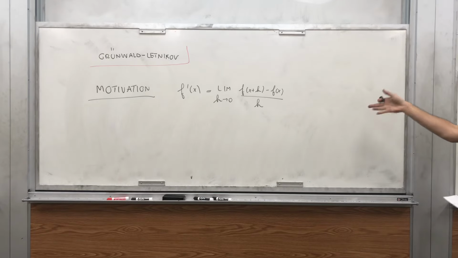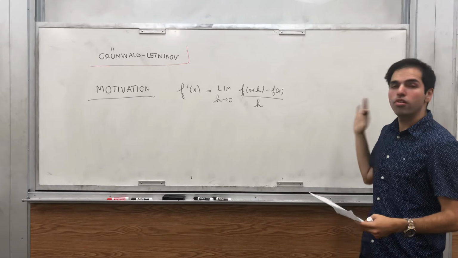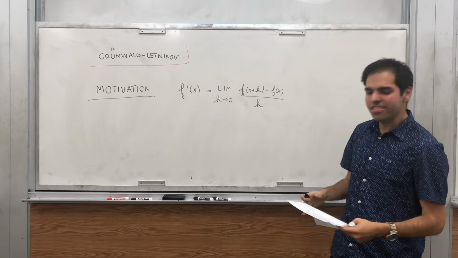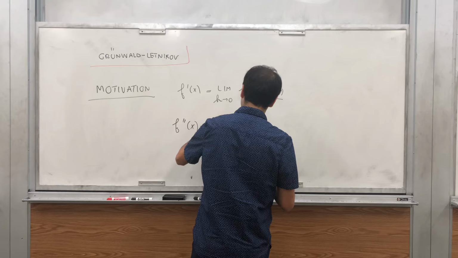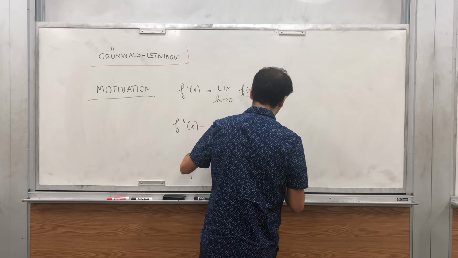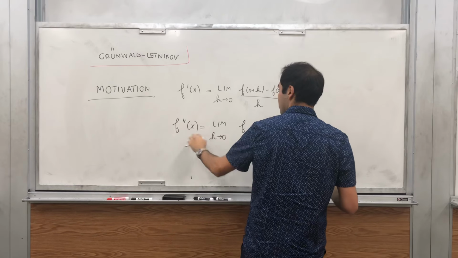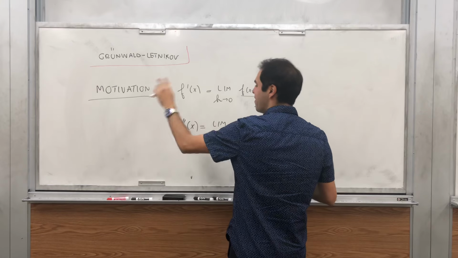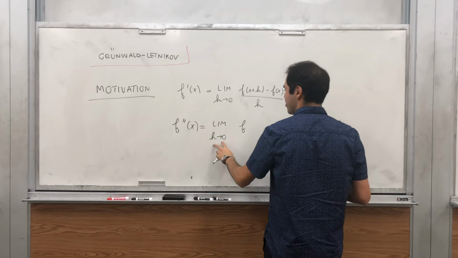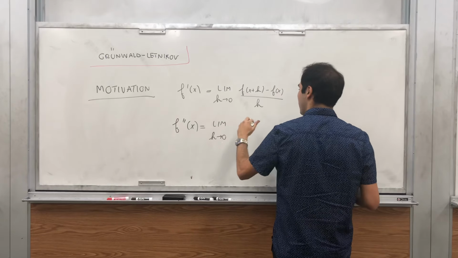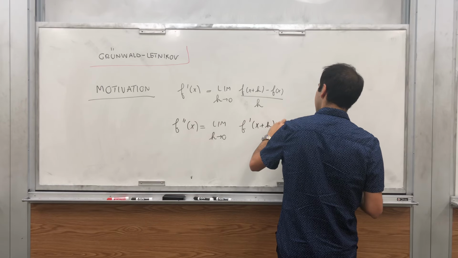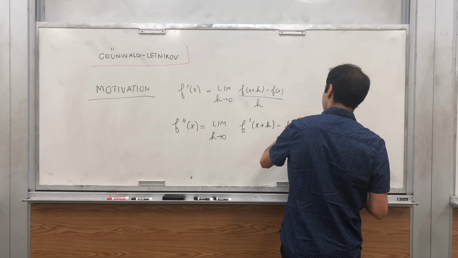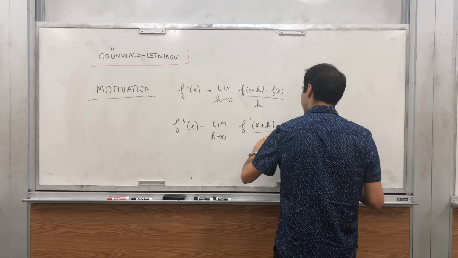And in particular, if you remember, there's a similar limit definition for the second derivative, which is as follows: f double prime of x is the limit as h goes to 0 of f prime of x plus h minus f prime of x over h.